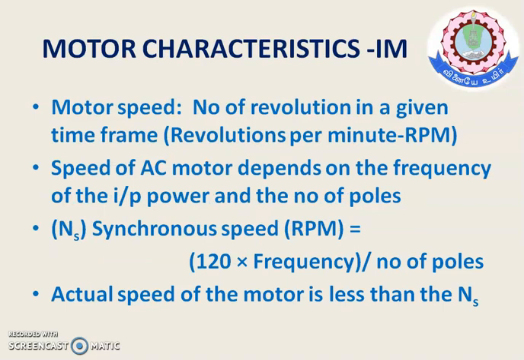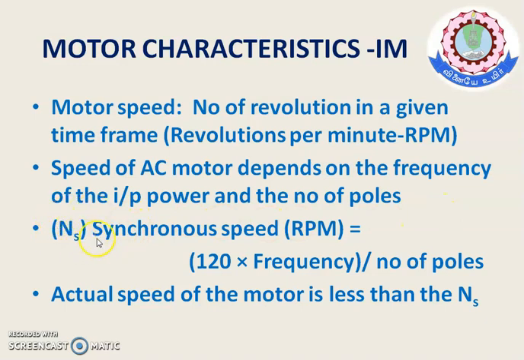Now we will see the motor characteristics of an induction motor. IM is nothing but induction motor. Motor speed, the number of revolutions in a given time frame, is called revolutions per minute. The speed of an AC motor depends on the frequency of the input power and the number of poles, which I stated earlier.